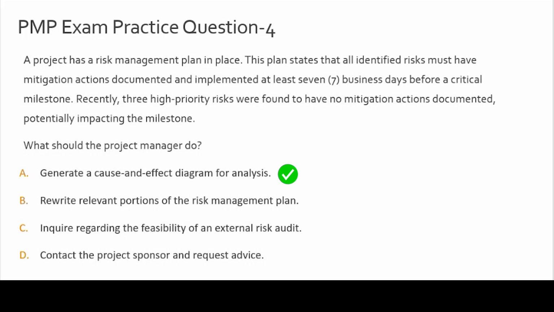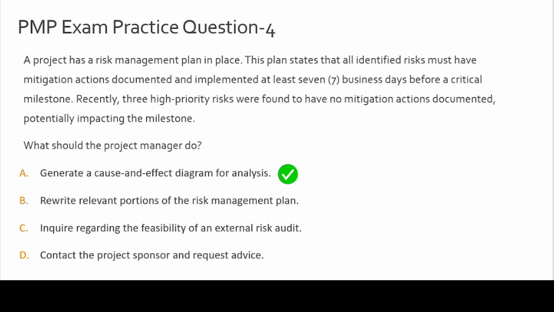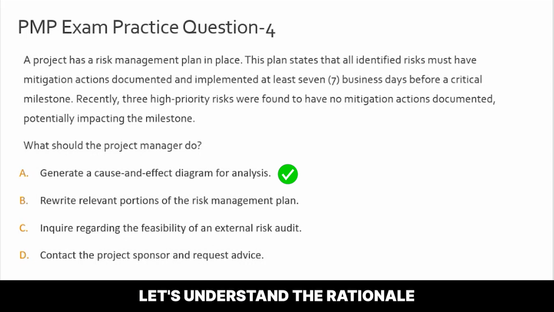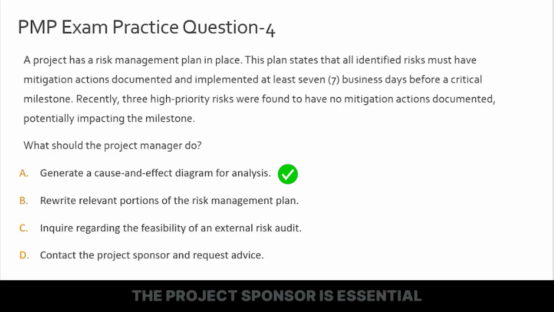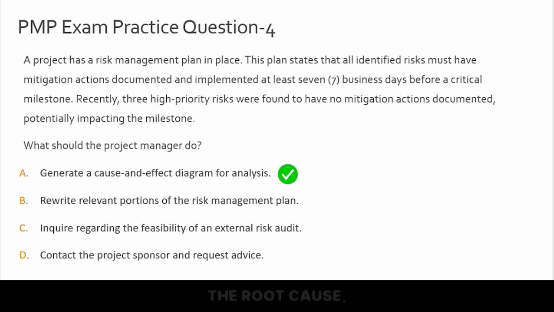Let's look at option D. Contact the project sponsor and request advice. Again, contacting the project sponsor is an escalation, and for 99.99% of scenarios in your PMP exam, these kinds of options are basically incorrect. Okay, however, for this question, let's understand the rationale for why option D is incorrect, because although communicating with the project sponsor is essential for critical decisions, of course, escalating the issue without attempting to understand the root cause shows a lack of initiative from the project manager standpoint, right?